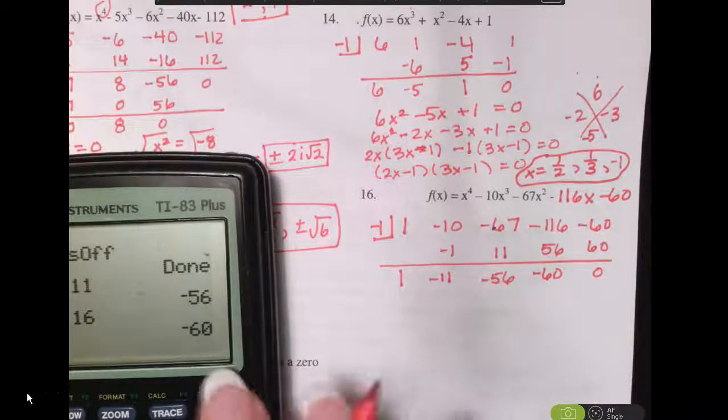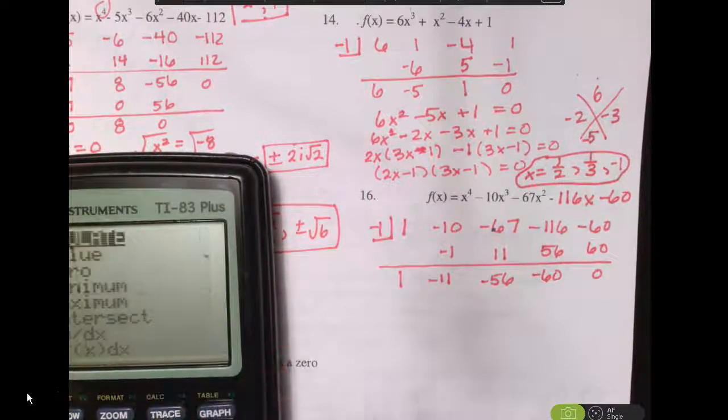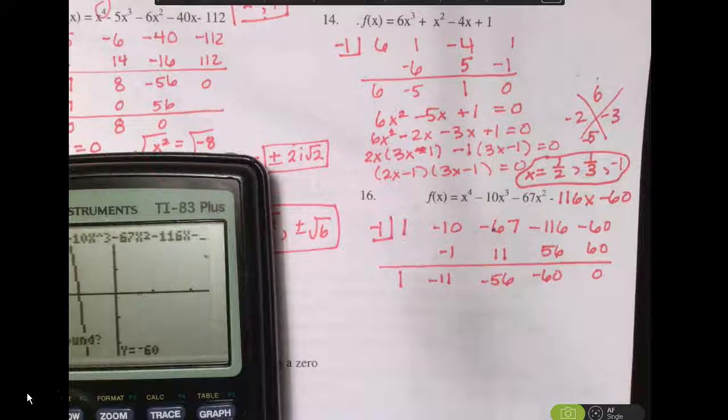Now I need to go back and try to figure out where this other one was meeting. So it kind of looks like -2. But let me go ahead and check and see if that's a 0. So when I use my 0 function, I want to get my cursor.